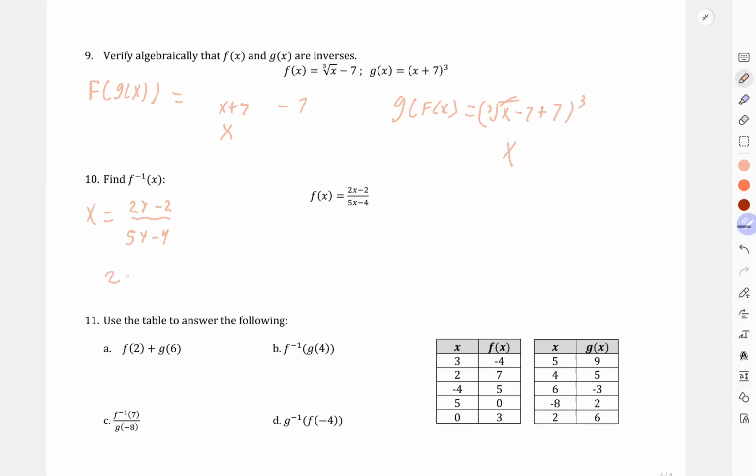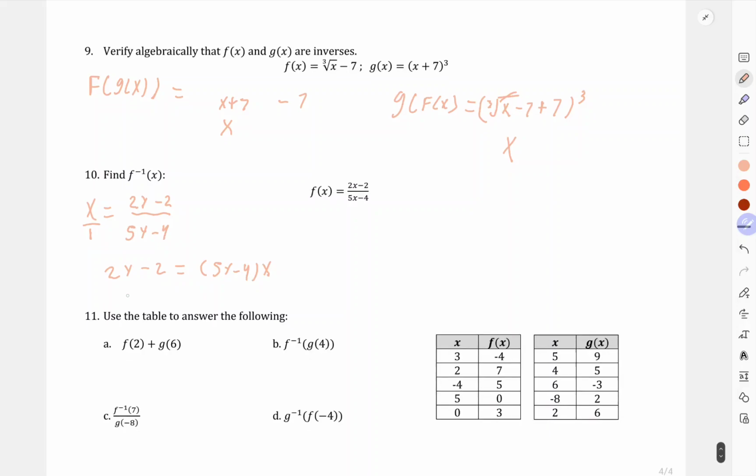You are left with 2y, because you put 1 down here and then you cross multiply, and when you do that, you are left with 5y minus 4, and then you have to multiply x, because x is multiplied to this. And when you get that, you basically have 2y minus 2 equals 5xy minus 4x.